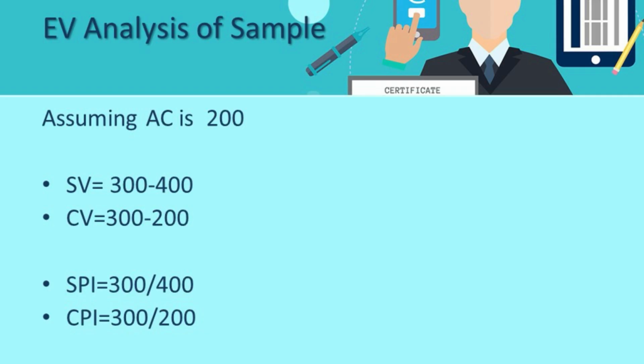Assuming the actual cost is $200, schedule variance is 300 minus 400, that is minus 100, which is a matter of concern, and cost variance is 300 minus 200, that is plus 100. That means as far as costs are concerned, you can be happy, but as far as schedule is concerned, it is a matter of concern.